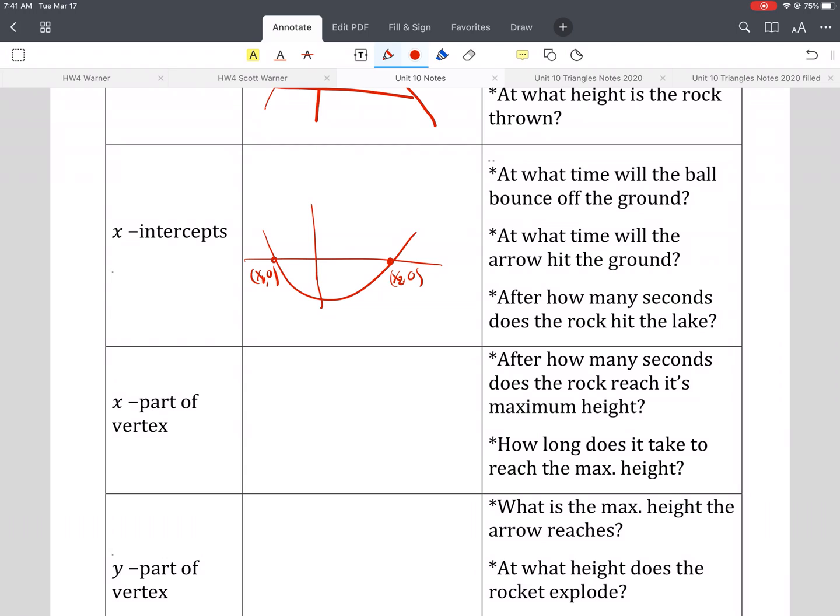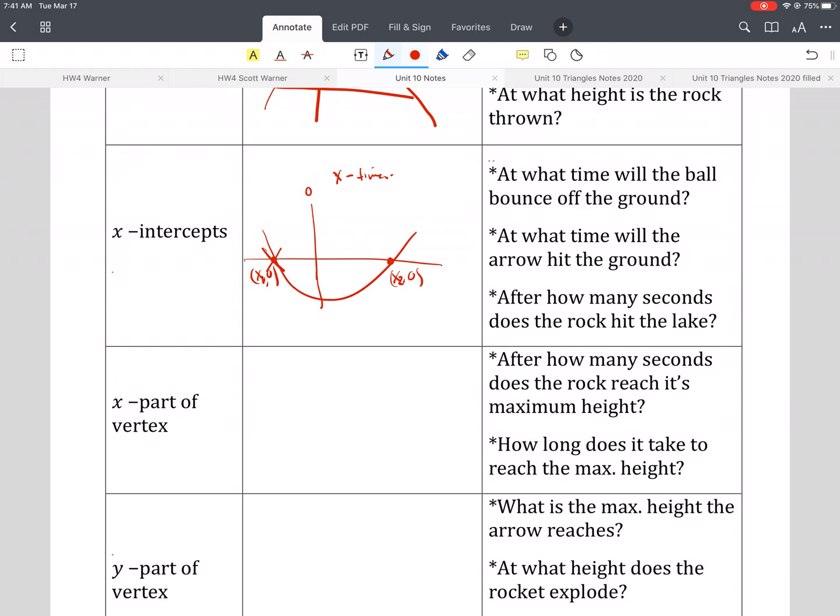We talked about how x is typically time. Time never starts negative. So time always starts at 0. So usually we'll never use the x-intercept that is on the left side of the y-axis, if that makes sense. Time always starts at 0 and goes forward.